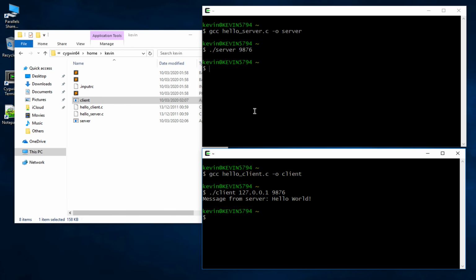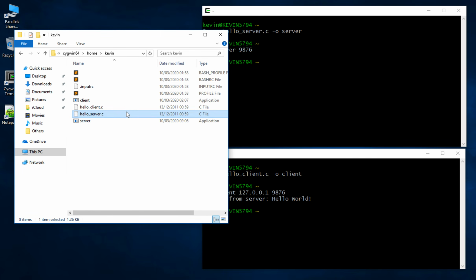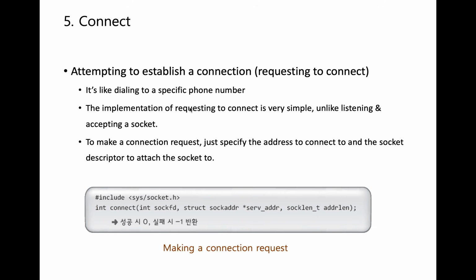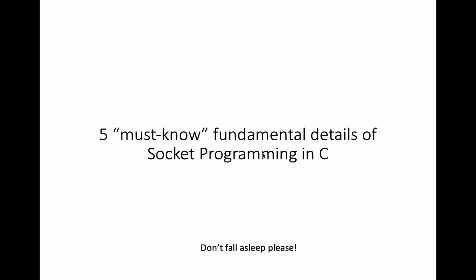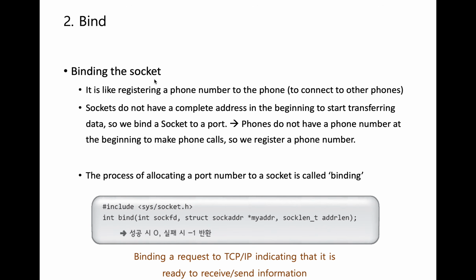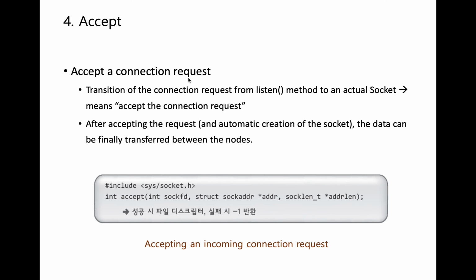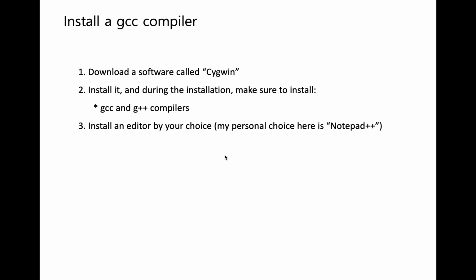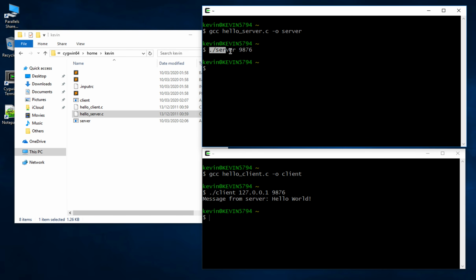Hopefully the socket was successfully established by running the must-know fundamental steps of socket programming: the server created a socket, bound it to a port, listened for connection requests, and then accepted a connection request when it was made, and the client made a connection request. Those steps were successfully performed when we opened our server and our client.